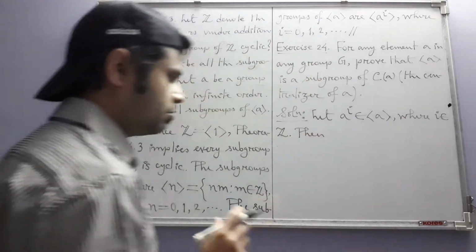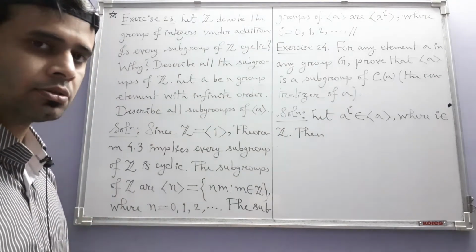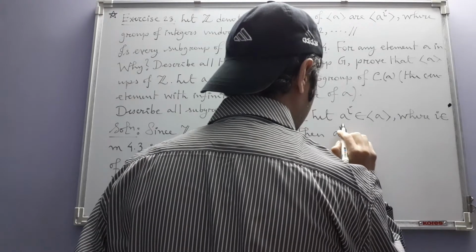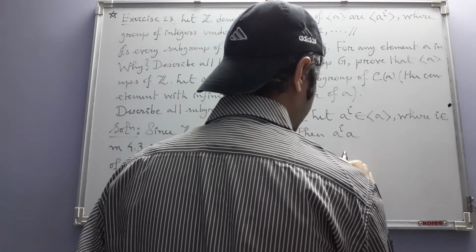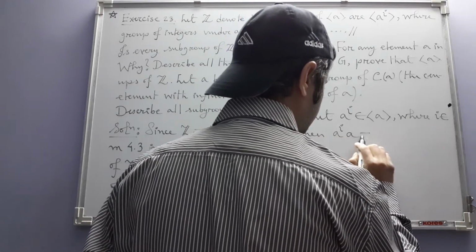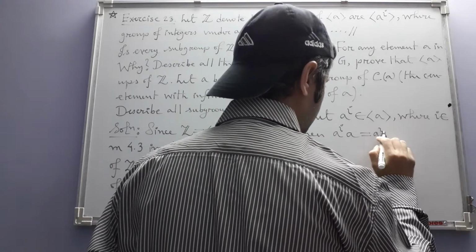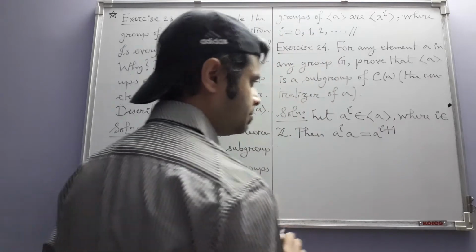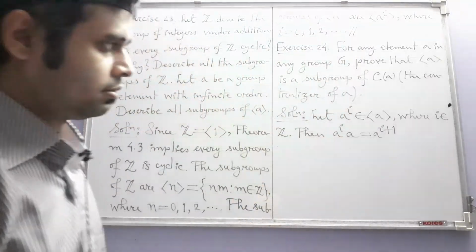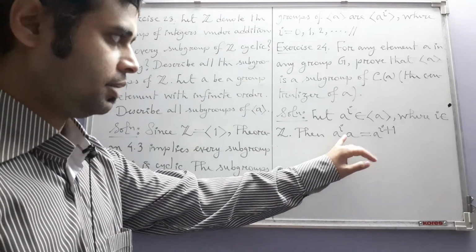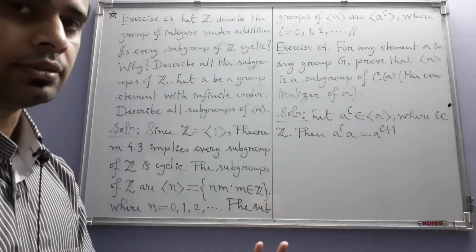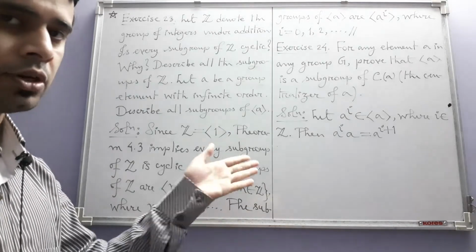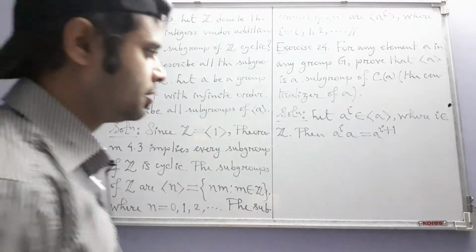Then by the rules of exponents, which is true in any group, we have this: A to the power i times A is equal to A to the power i plus 1, and this is true for any integer i. I need not be positive or non-negative for this to be true. I can be any integer.